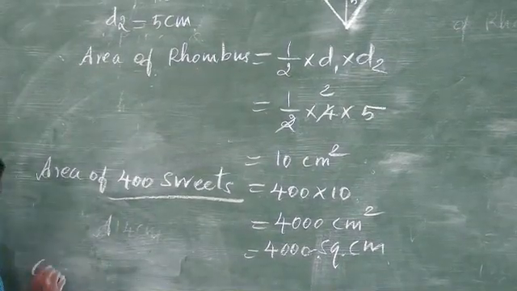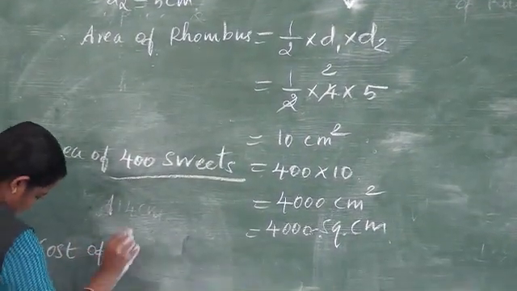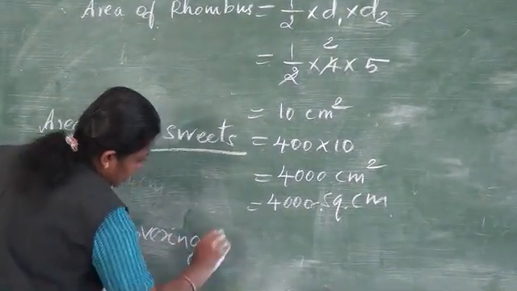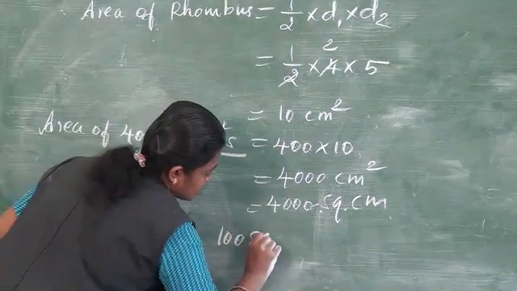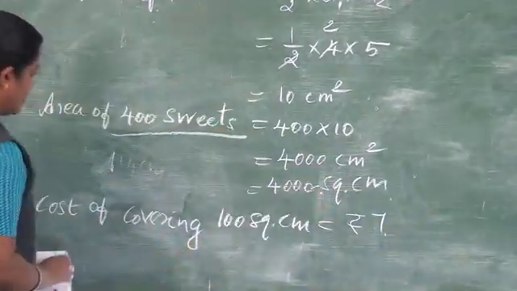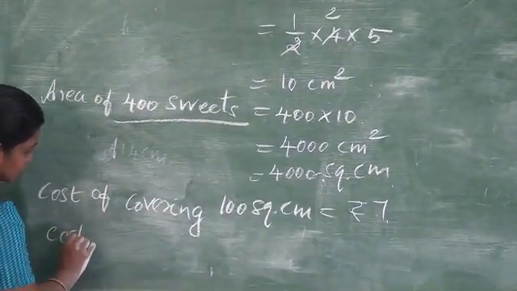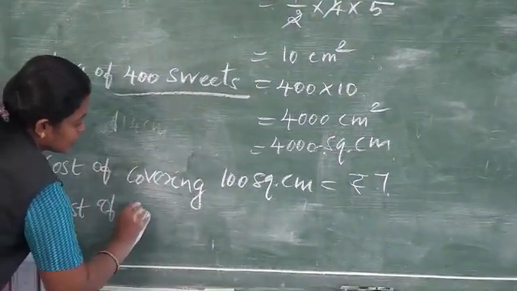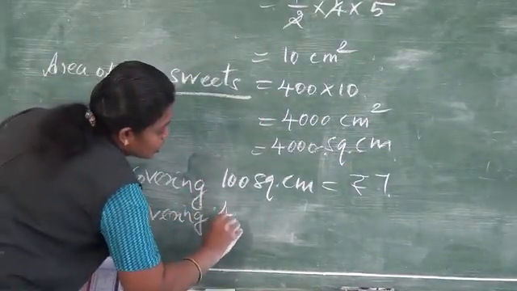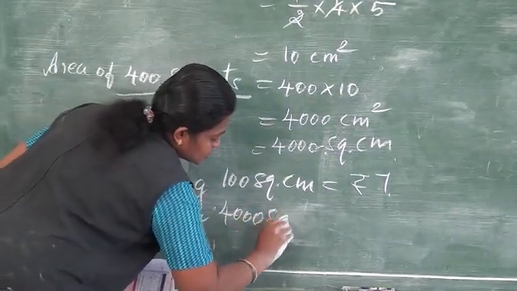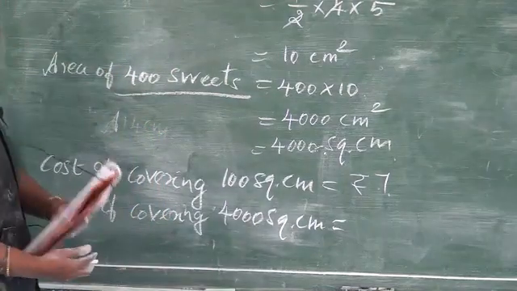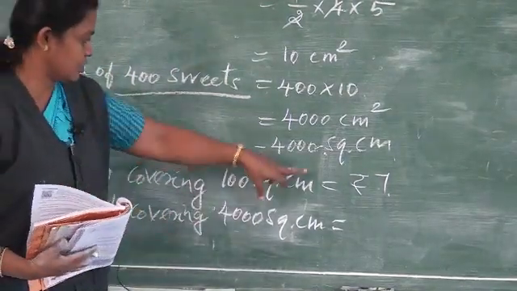Now what is the cost of covering 100 square centimeter? Rupees 7. But we have to find out the cost of covering 4000 square centimeter. One thing you should remember here, 100 square centimeter cost is given as rupees 7.